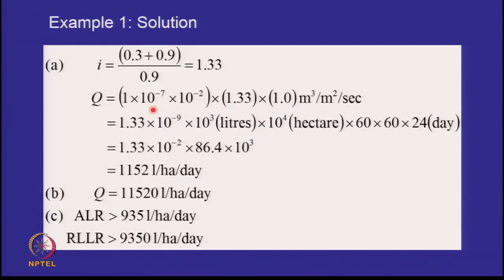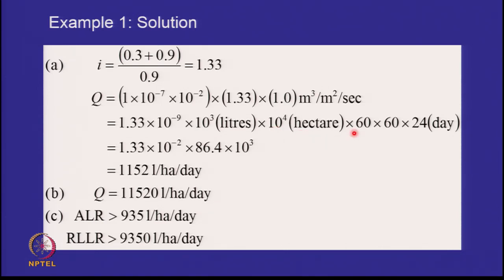So K is 10 to the power of minus 7 centimeters per second, which becomes 10 to the power of minus 9 meters per second, into 1.33. So this becomes so many meter cubed per meter square per second. And this whole thing, if you want to convert it into a hectare, you have to multiply by 10 to the power of 4.